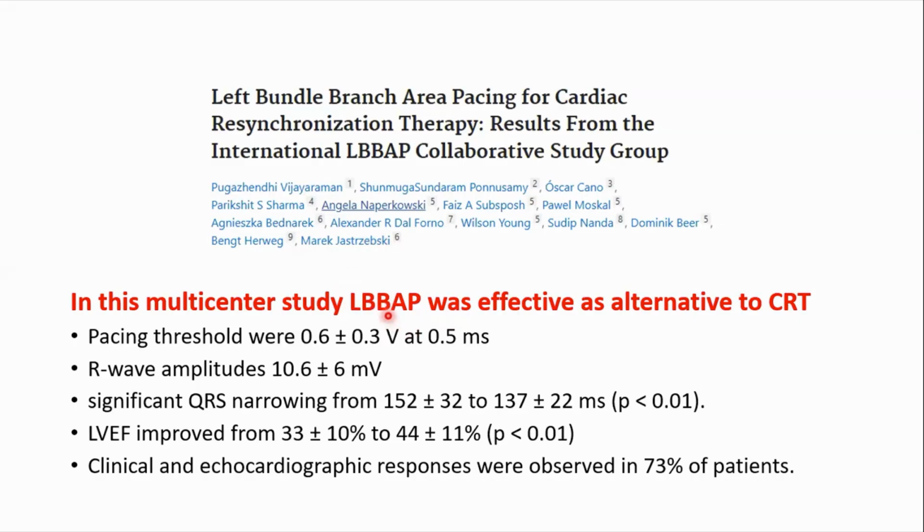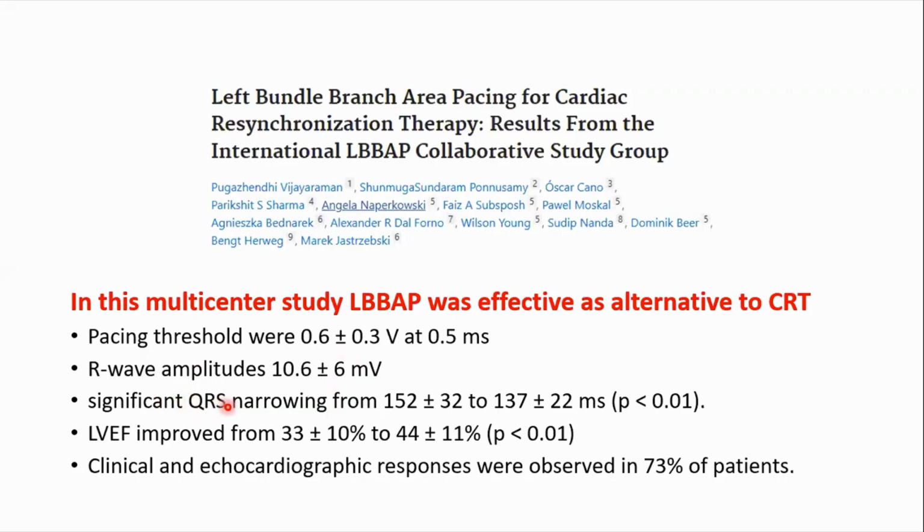Left bundle branch area pacing actually could achieve an interesting outcome. So pacing threshold was 0.6 plus or minus 0.3 volt at 0.5. This is excellent, as this can mean a better longevity for the devices. The R wave amplitude was 10.6.